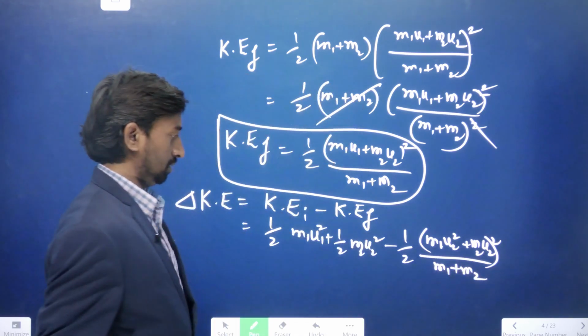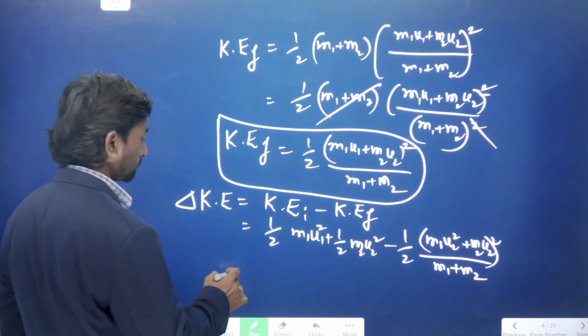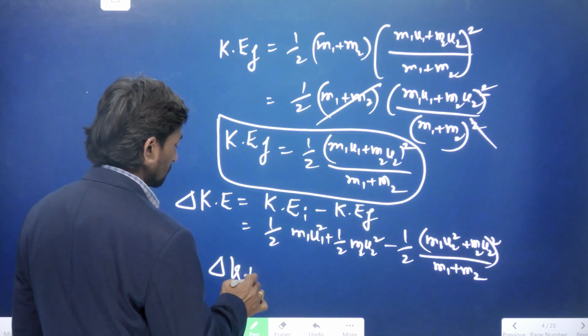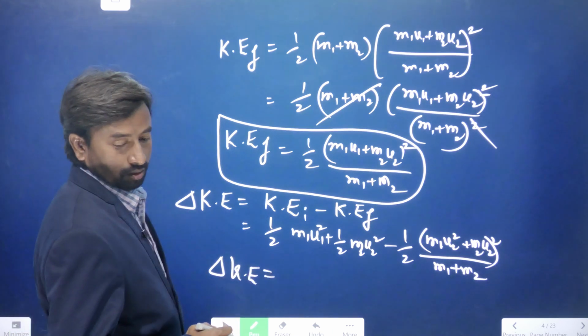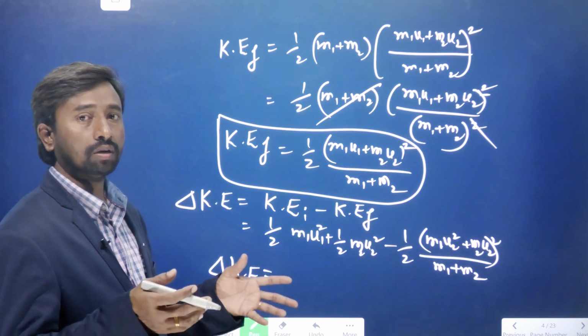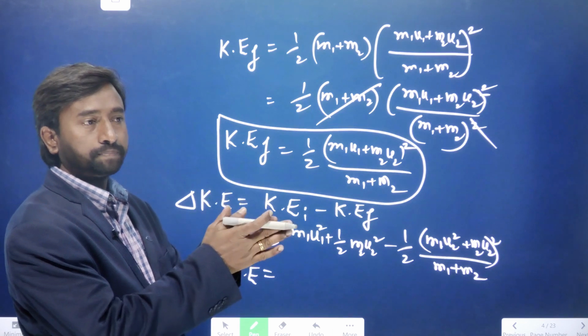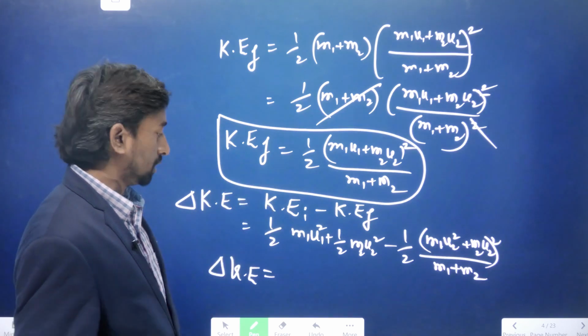If we simplify it, we'll get the final equation, the loss of kinetic energy during the perfectly inelastic collision, when the two bodies stick together and move with a common velocity.